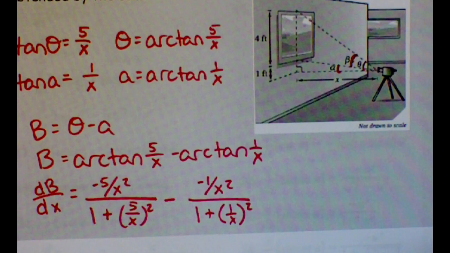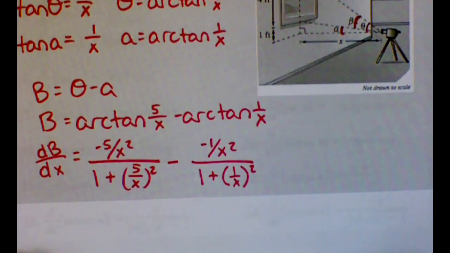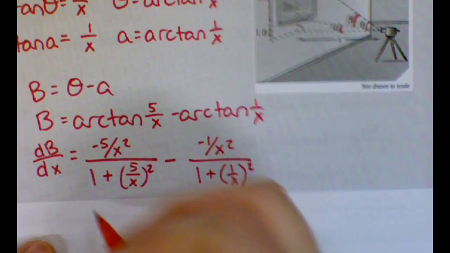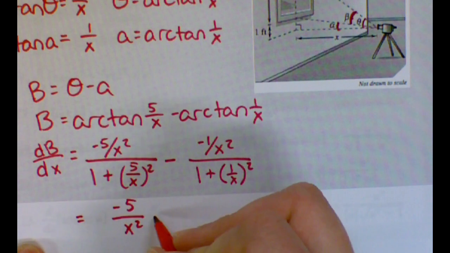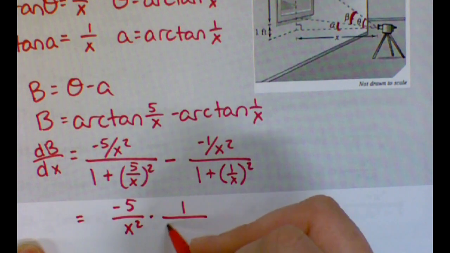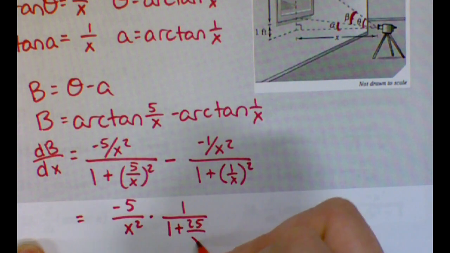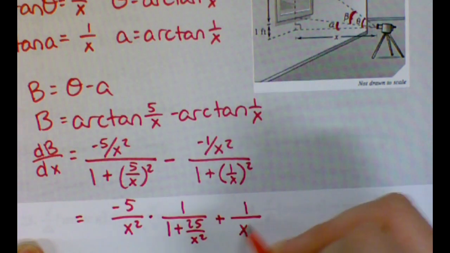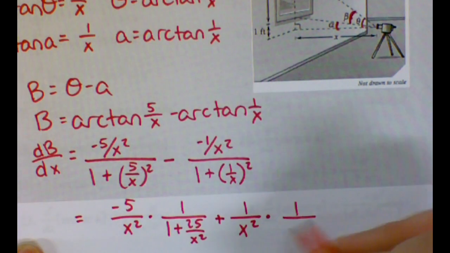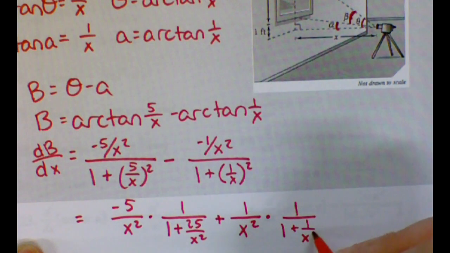We're going to set that derivative equal to 0. Now there's a lot of algebra we can do. Negative 5 over x squared times 1 over 1 plus 25 over x squared, plus 1 over x squared times 1 over 1 plus 1 over x squared.